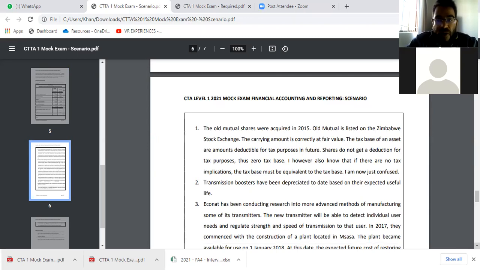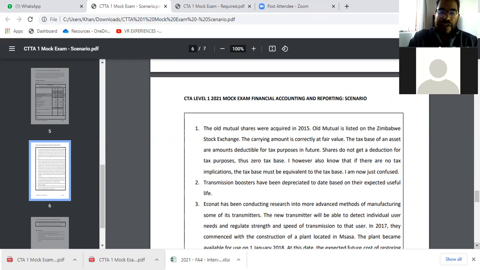The only thing is, how do your accounting standards and your tax standards deal with financial instruments? Is it at fair value, is it at cost, and so forth? Generally, shares will be at fair value, and as a result, there won't be any tax consequences. When you don't expect any tax consequences for an asset, the tax base is equal to the carrying amount.